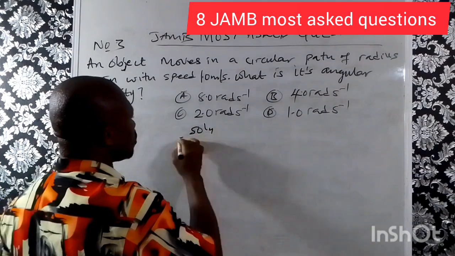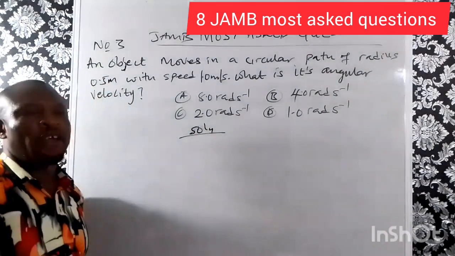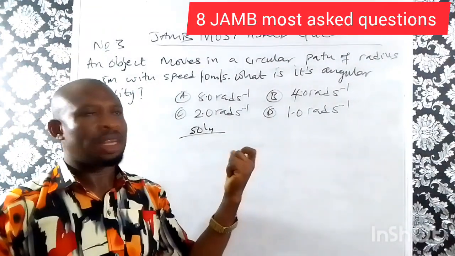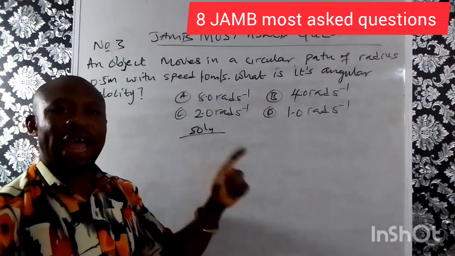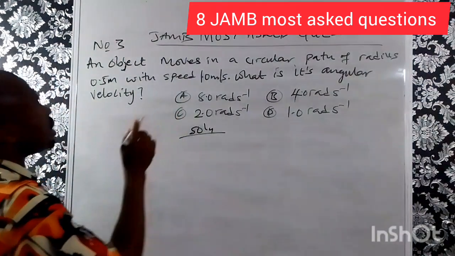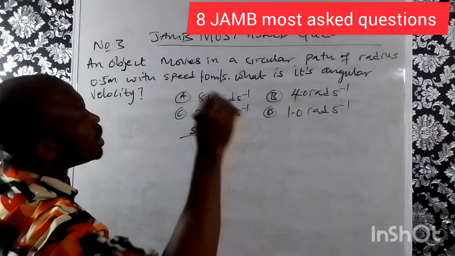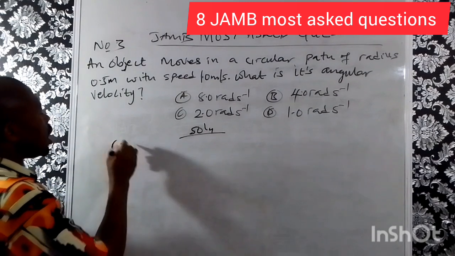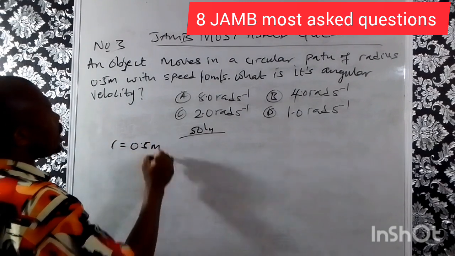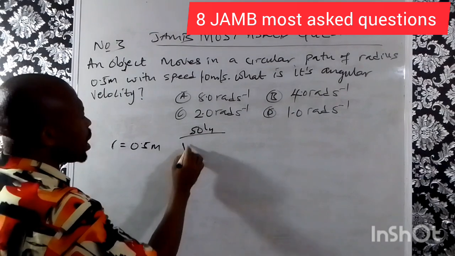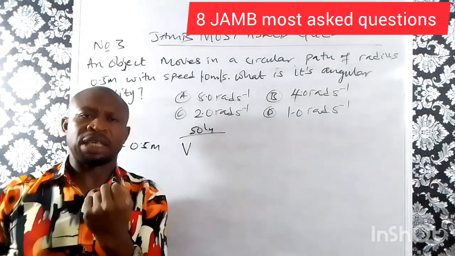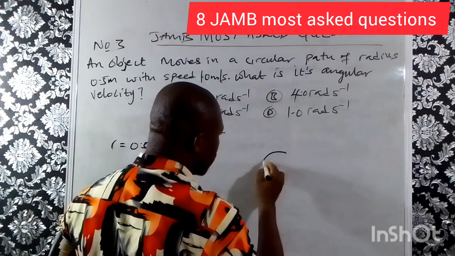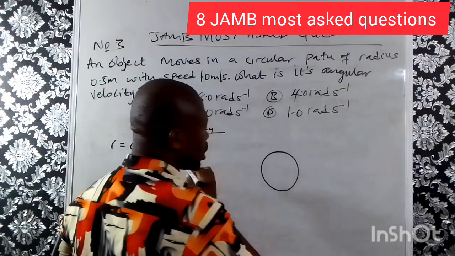Solution. Of course, this question is from circular motion. If an object is moving in a circle of radius R, there is 0.5 meters. With the speed, there are two speeds if a body is moving in a circular orbit.